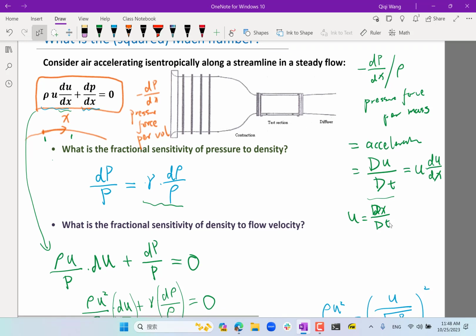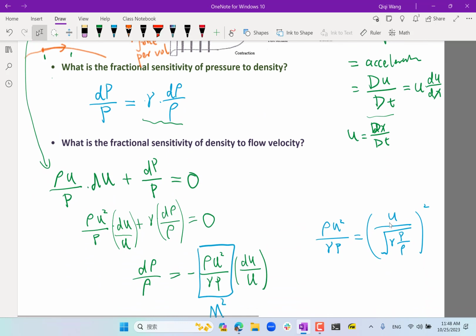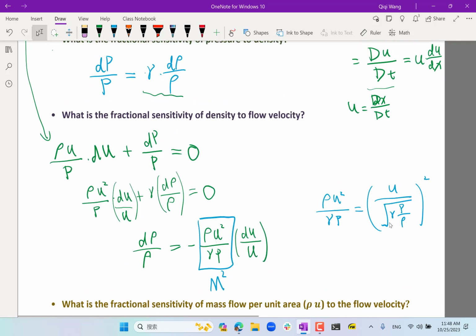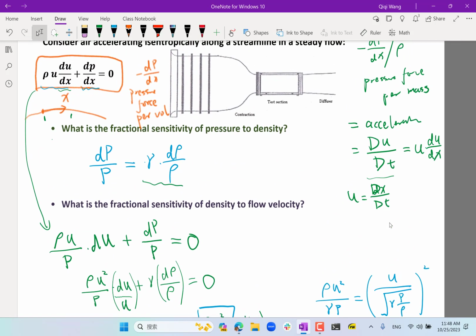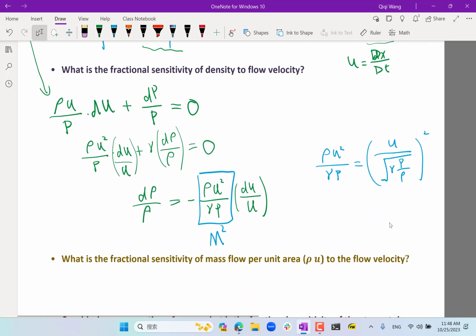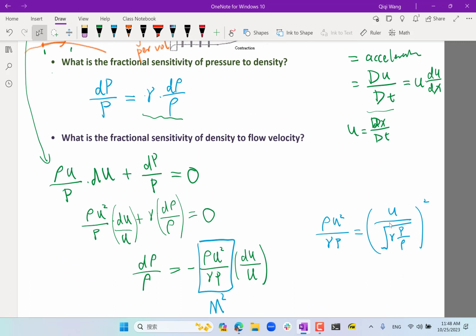And now we have the tool for answering this, although it's going to be in differential form, right? We haven't integrated this yet. So we would only know that if the area decreases by, let's say, 1% in incompressible flow, the velocity would increase by 1%. All right, but if the velocity increases by 1%, according to this, at a Mach number of 0.7 something, let's say M squared equal to 0.5, the density would decrease by 0.5%.